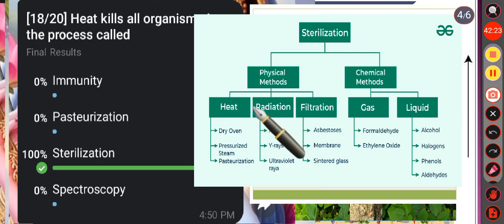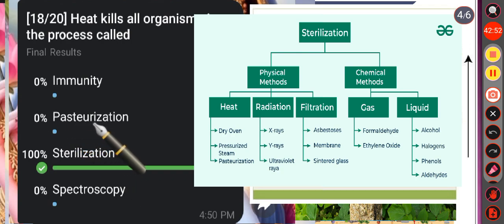In the physical method, there are three ways by which we can achieve sterilization for removing the microorganisms, that is by heat, by radiation or by filtration. Similarly, under the chemical methods, there are two ways, by using gas or by liquid, we can sterilize. Okay, so here the correct answer is option C, that is sterilization.